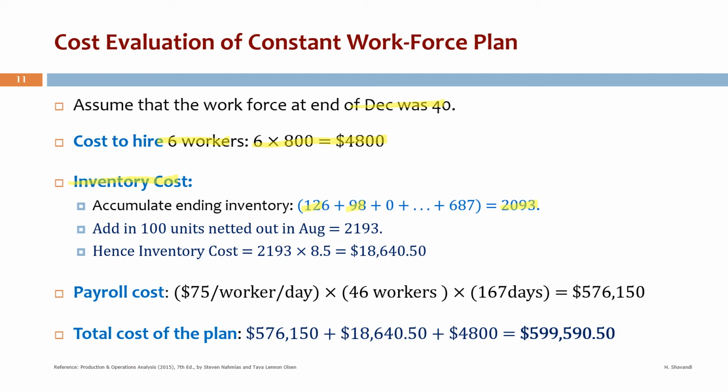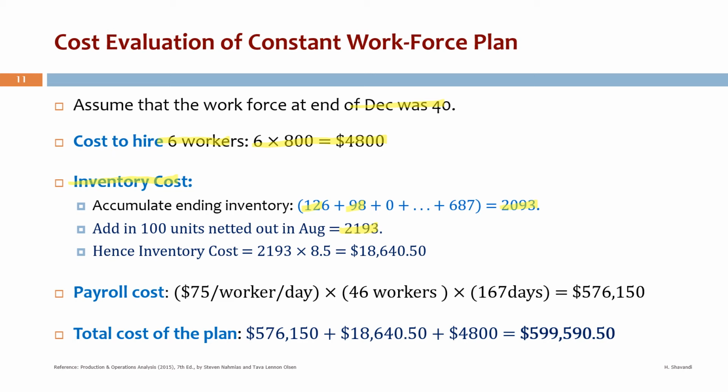So this means that at the end of August, we will have 100 items more in the warehouse because it's not the actual demand. So here we need to add that 100 to 2,093 items. This means in total we'll have 2,193 units over the month.